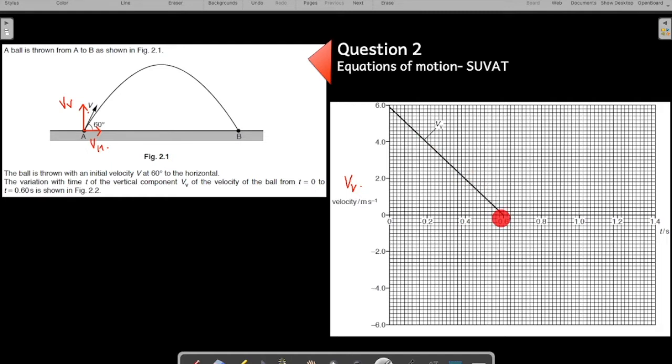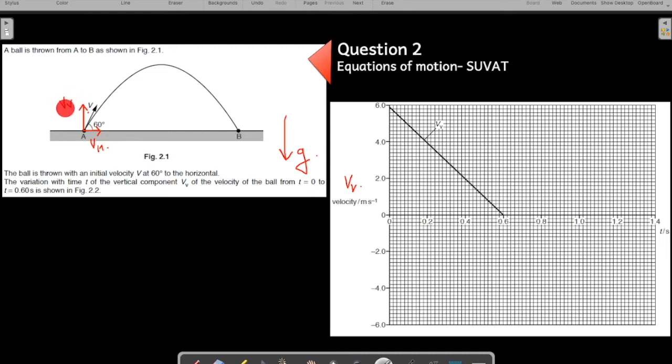The vertical component changes because the vertical component experiences acceleration due to gravity. Acceleration due to gravity is downward facing towards the earth, right? This is the direction of g. It is in the direction of the vertical component.